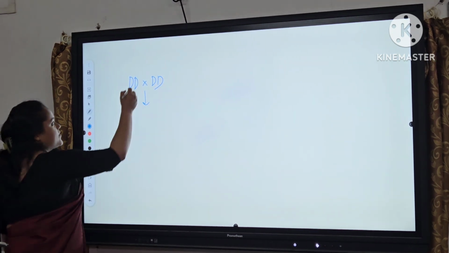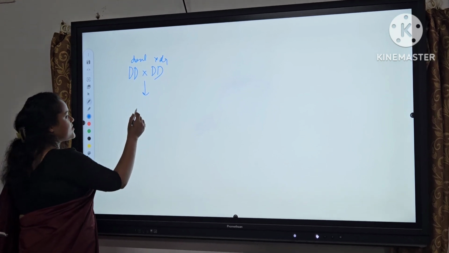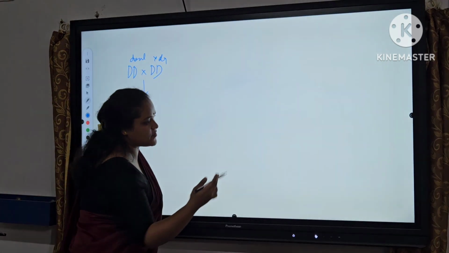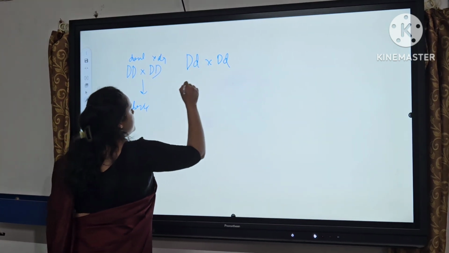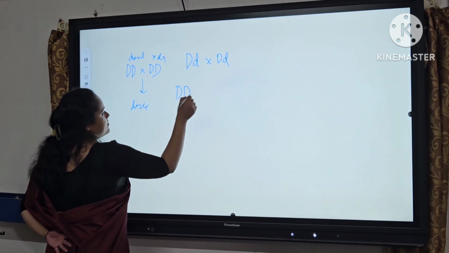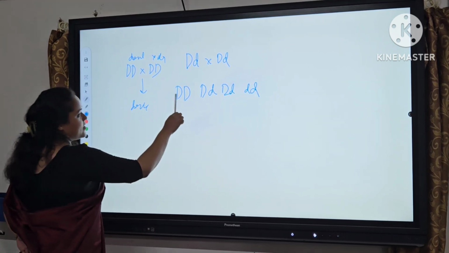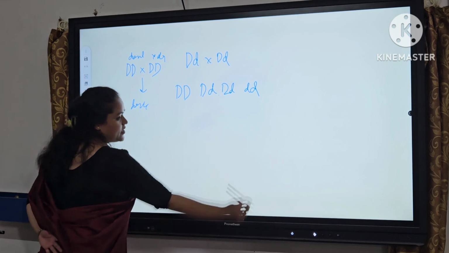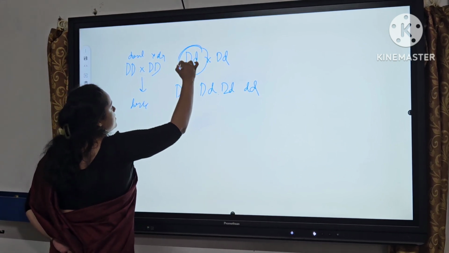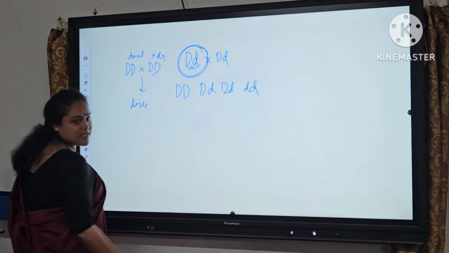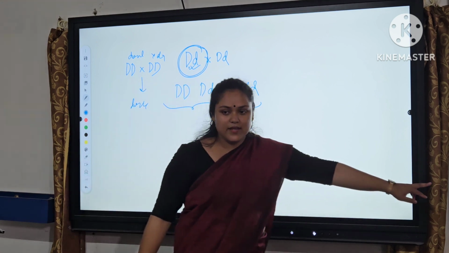Capital D is dextral. Dextral into dextral, all the offspring will be dextral. Now if we do capital D small d and capital D small d, these are the genotypes we get: capital D capital D, capital D small d, capital D small d, small d small d. Since the genotype of the mother was dextral, all the offspring will be dextral.